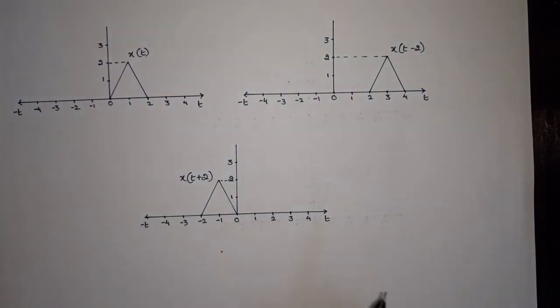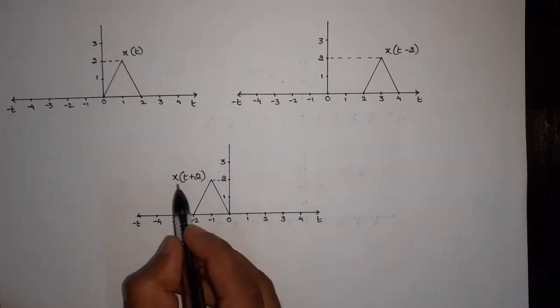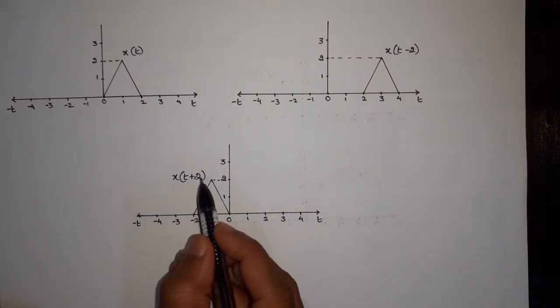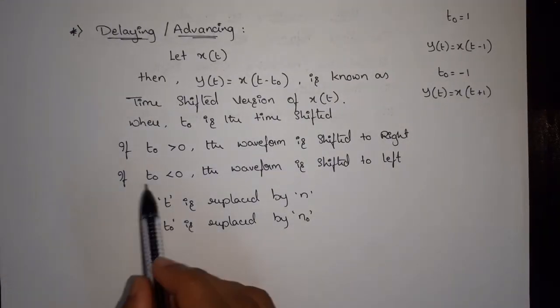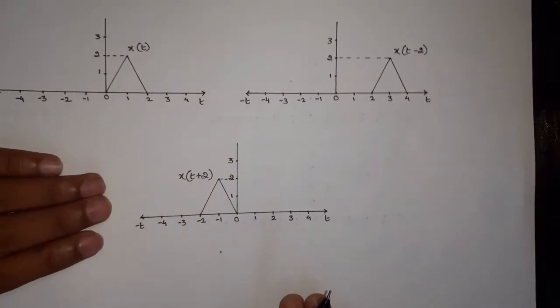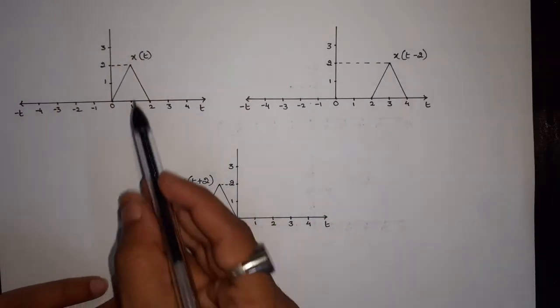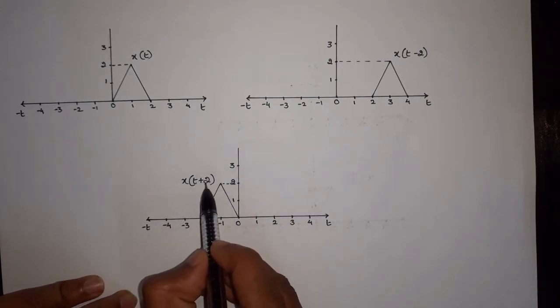Now, if the value is less than 0, now x of t plus 2, which means t naught is less than 0, the waveform is shifted to the left side. Here we can see the waveform is shifted to the left side by 2 units, t plus 2.